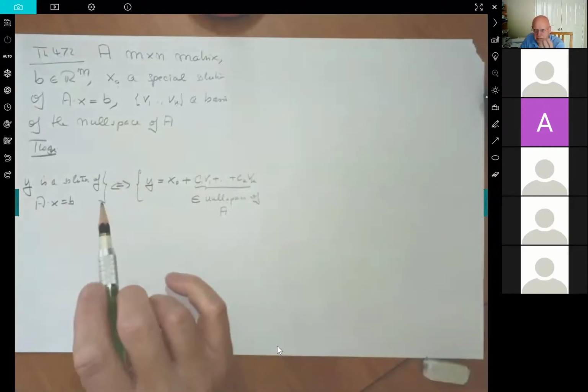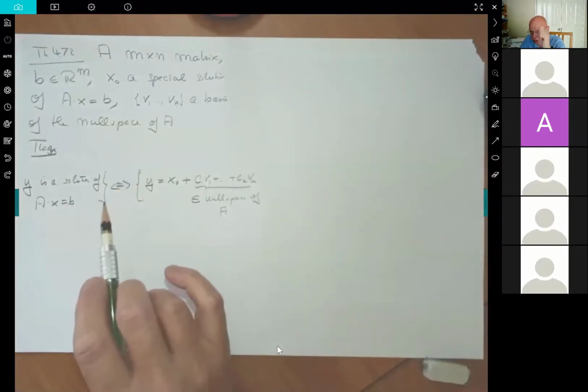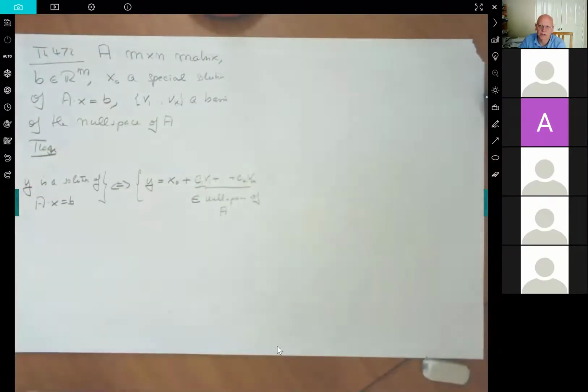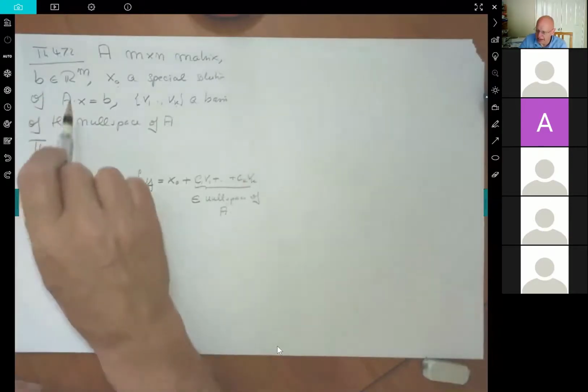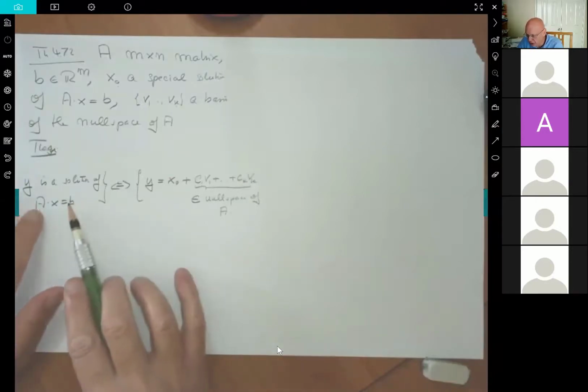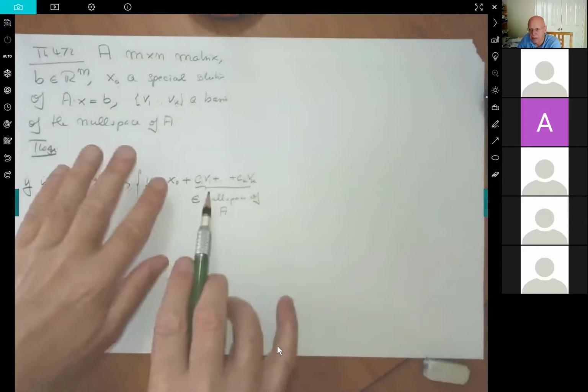Also, there are many of them, but once you pick one, that's fixed, plus an element of the null space, or also sometimes called the kernel of A. So this is how every solution of AX equal to B looks like if you have a solution. Also, maybe there's no solution, but we will address that in the next section. So the point is, solutions always have this special shape.